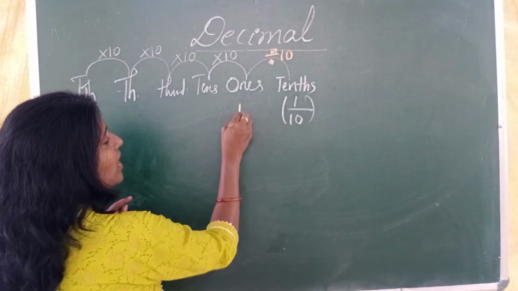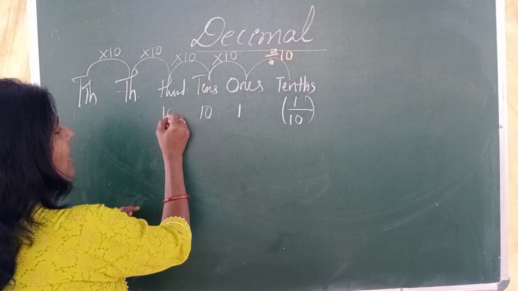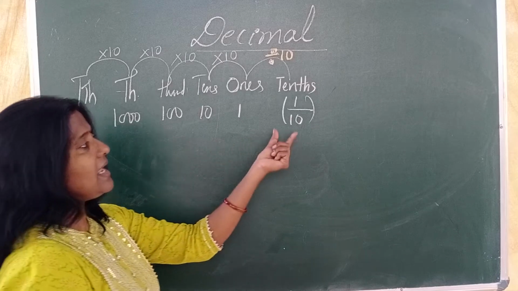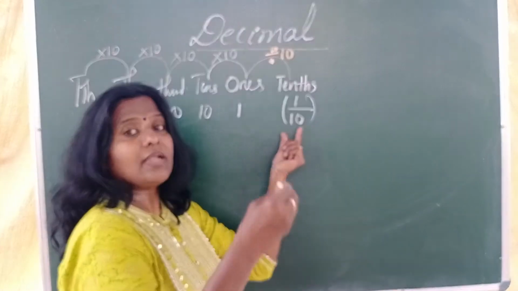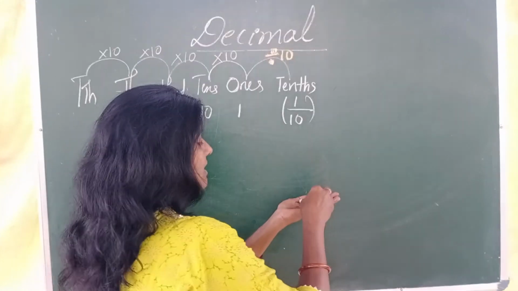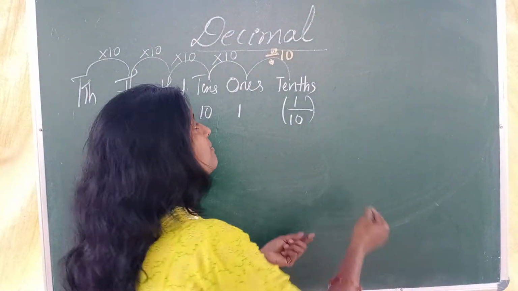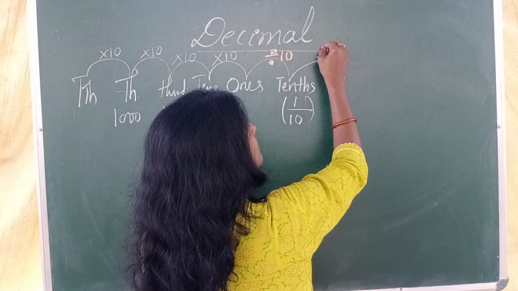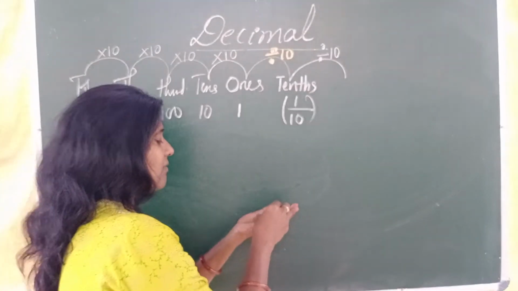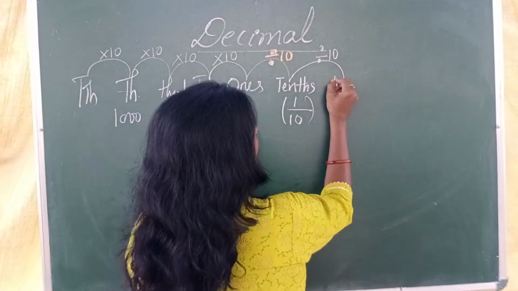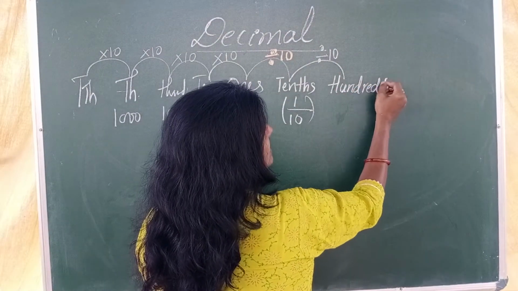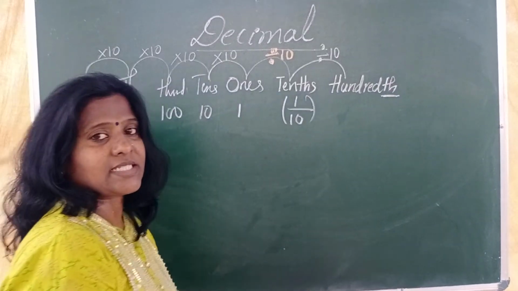This is 1, this is 10, this is 100, this is 1000. It increased like this. But here we are decreasing the ones place 10 times. Similarly, if I decrease once again by 10, or divide by 10, the value will now be named the hundredth place. See, this th is extra here.